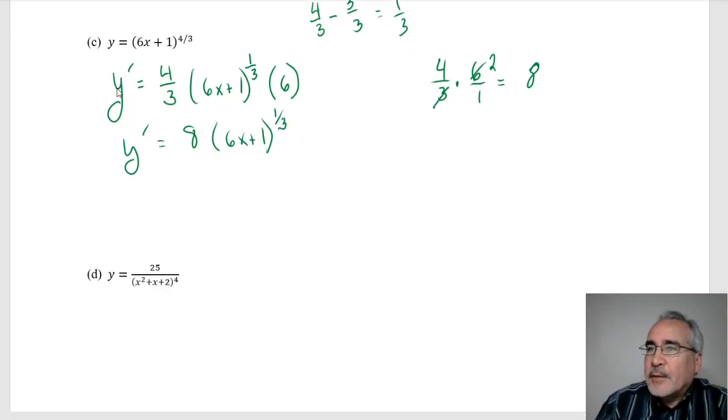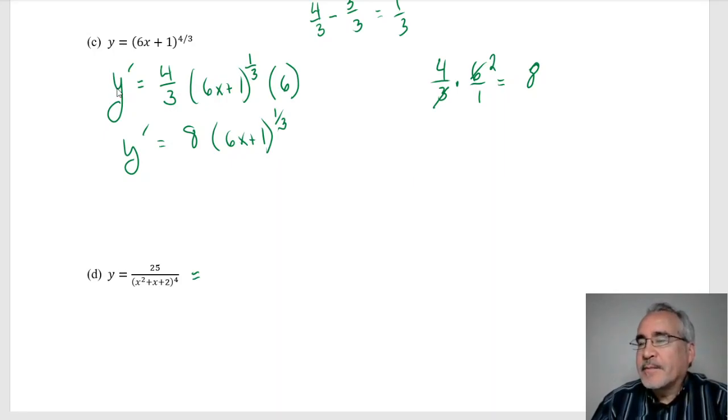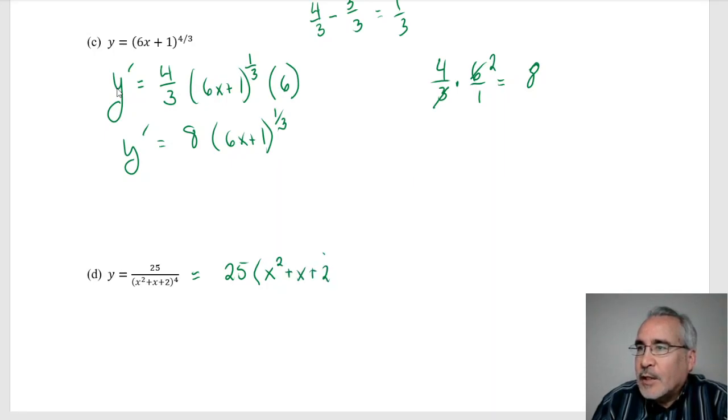For this one, we're going to rewrite this with a negative exponent, because that's the best way to deal with things, I think. So it comes up to the top. We're going to have 25 times the expression x squared plus x plus 2 raised to the negative 4 power.